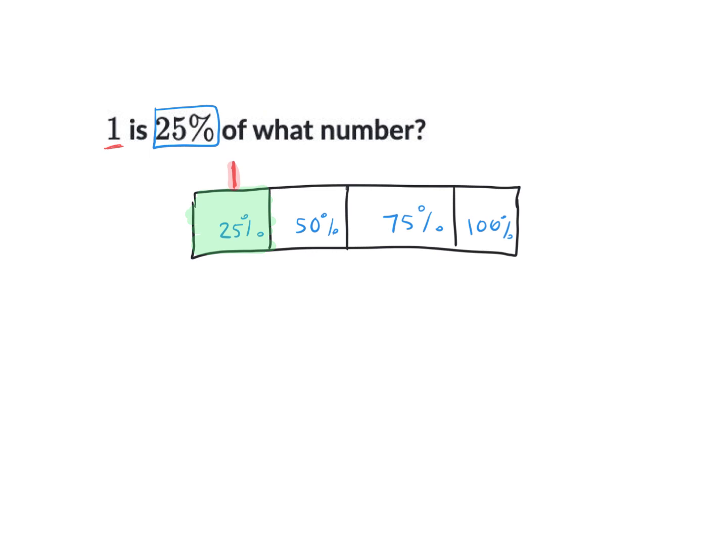So if 1 is 25%, 50% would be 2, 75% would be 3, 100% would be 4, because each part is 1. So 1 is 25% of what number? 4, just 4, not 1/4, right? Because the whole thing is 4.